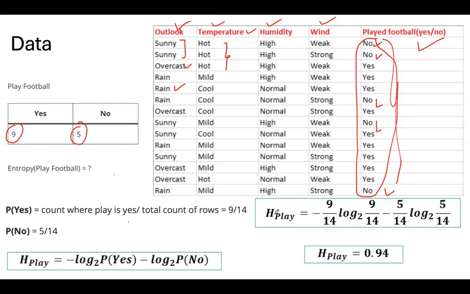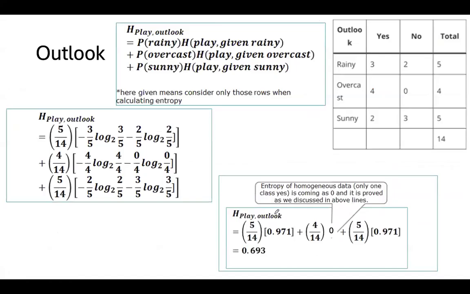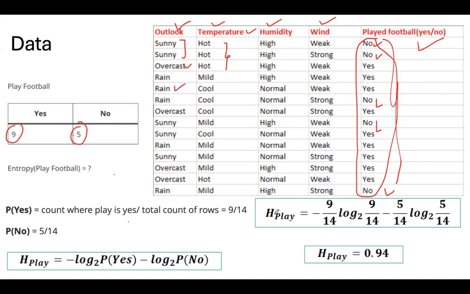Then I'll find out if I take temperature at the root, or I ask about the temperature first, how much entropy will reduce from 0.94? And similarly, I'll do the same thing for humidity and wind. And I'll choose the variable that reduces the entropy the most as my first question. Okay. I hope this is clear.